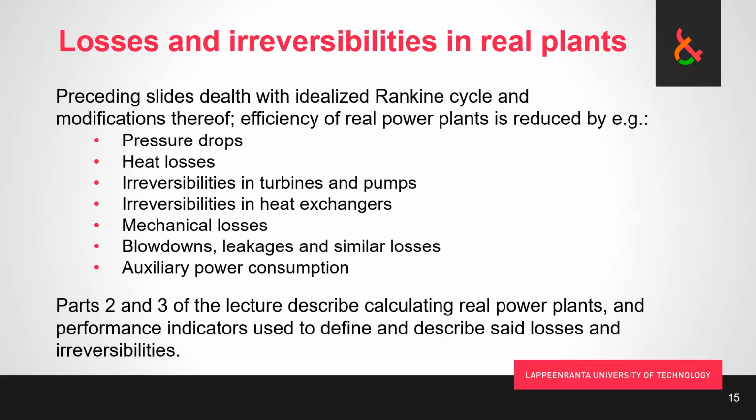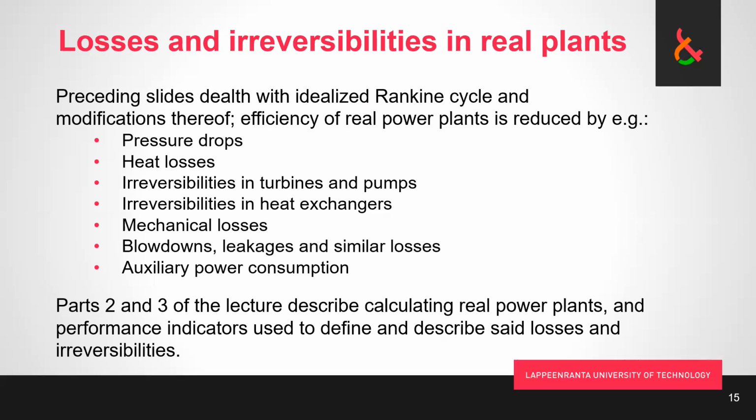So we have pressure drops, we have heat losses to the environment, we have irreversibilities in turbines and pumps. In a heat exchanger, there are always irreversibilities. Basically, heat transfer requires temperature difference, and transferring heat over a temperature difference inherently always increases entropy and creates irreversibility.